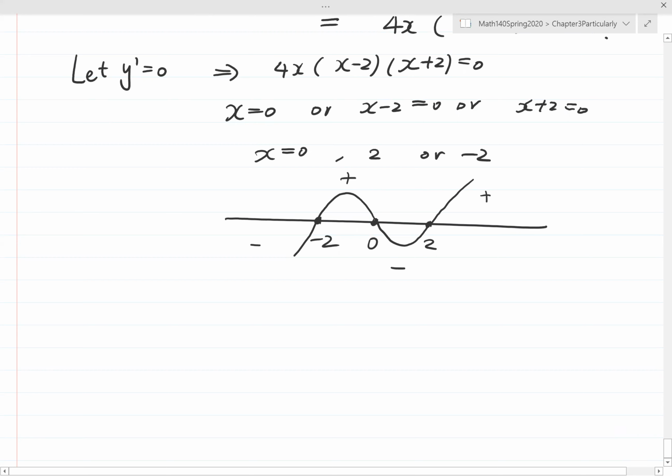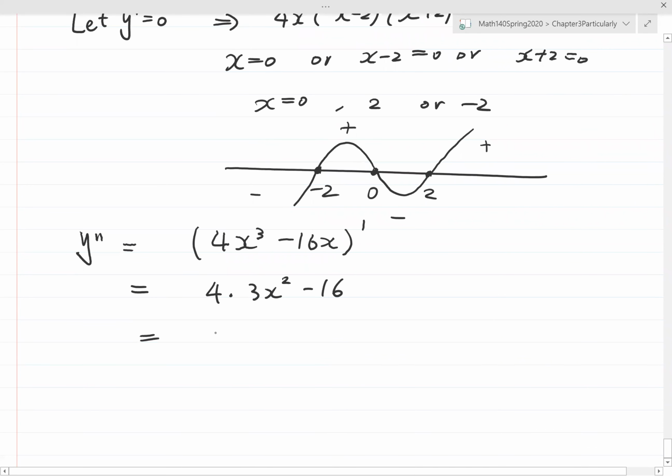And then we find the second derivative. We take a derivative again. The derivative is 4x cubed minus 16x. We take the derivative again, then we get 4 times 3x squared minus 16. So this will be, factoring out 4, 3x squared minus 4.